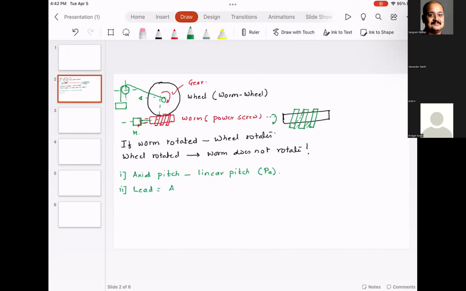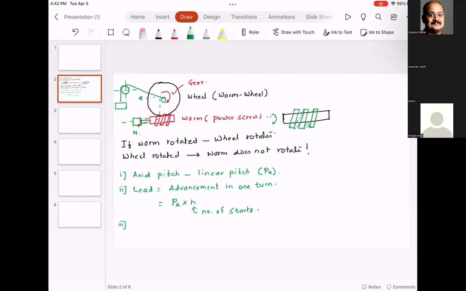Lead is advancement in one turn, and lead is equal to axial pitch multiplied by n, which is the number of starts.